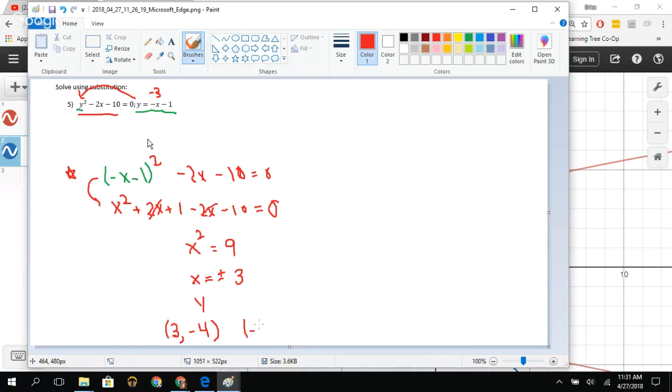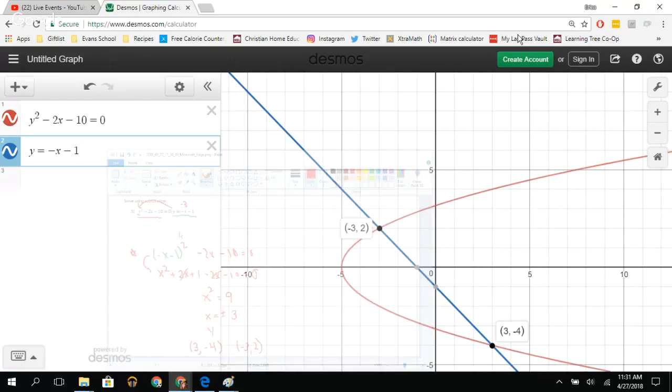So negative 3, 2. So then if I go back and see, I should have a solution at 3, negative 4, and negative 3, 2. So that's how we would do it if we didn't use a graphing tool.